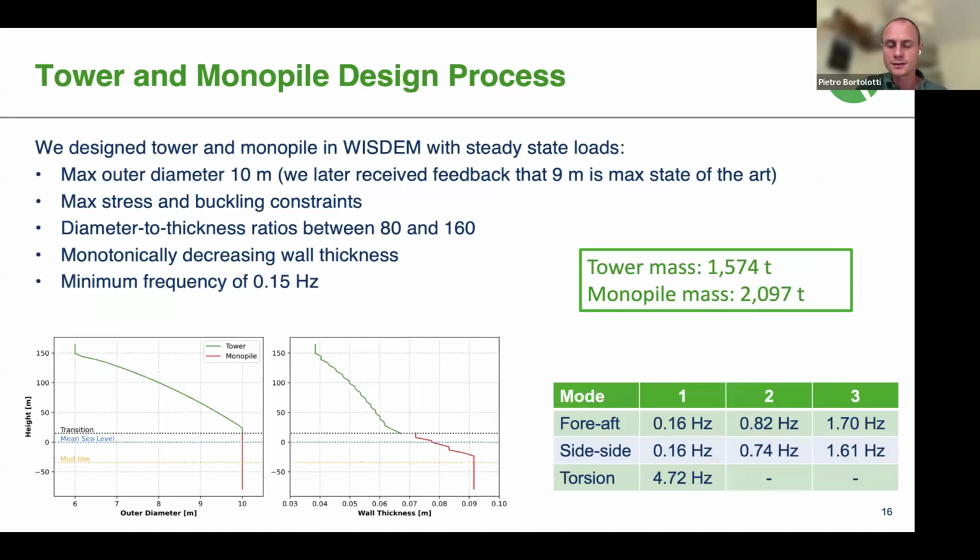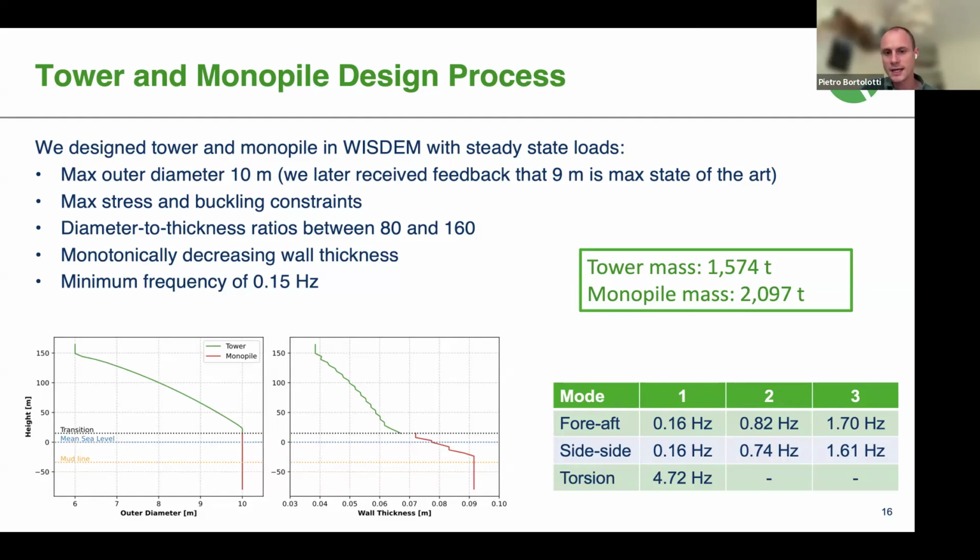We designed the tower and monopile again in WISDOM, now with the modules TowerSE and FixedBottomSE, using the steady state loads coming from the rotor design. We set a hard max outer diameter of 10 meters for the monopile and the tower. You see on the bottom left the plot showing the outer diameter in red for the monopile and green for the tower.